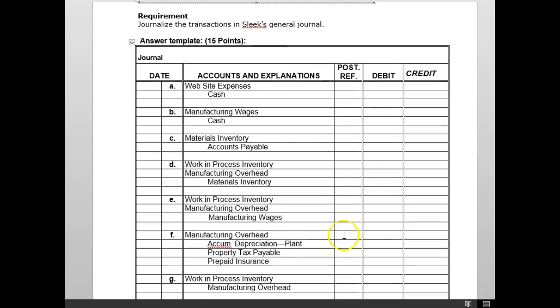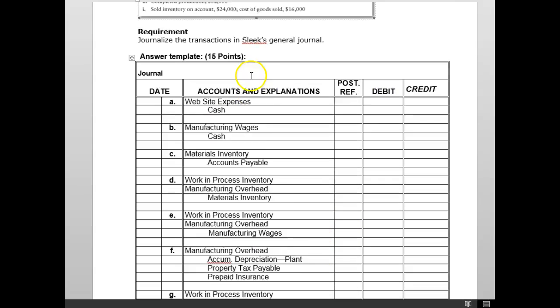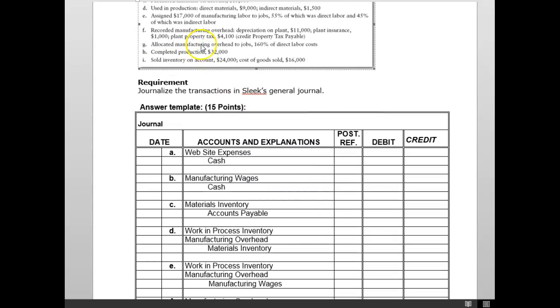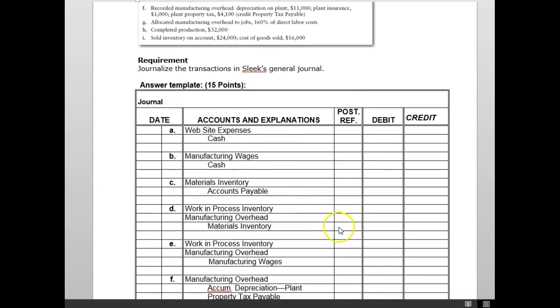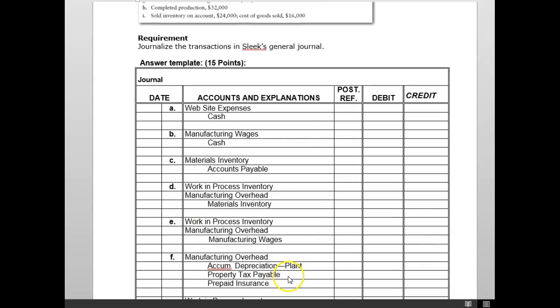So 55% of that times this 160% should give you a total of, let me find it here, that's $9,350 times 160%. So the direct labor is $9,350. And again, what are you doing with that?